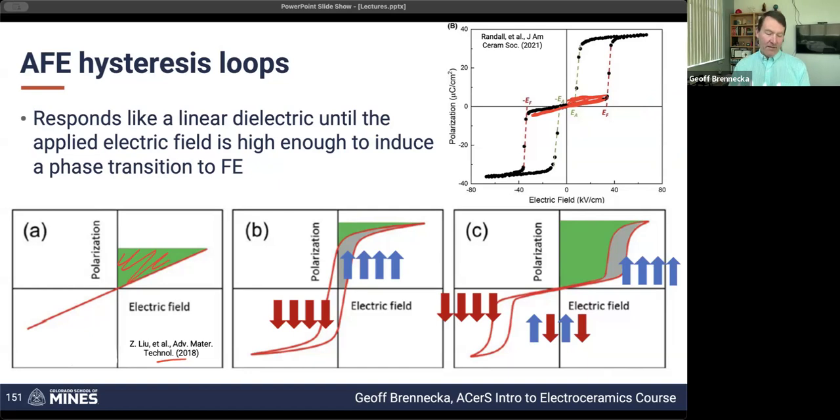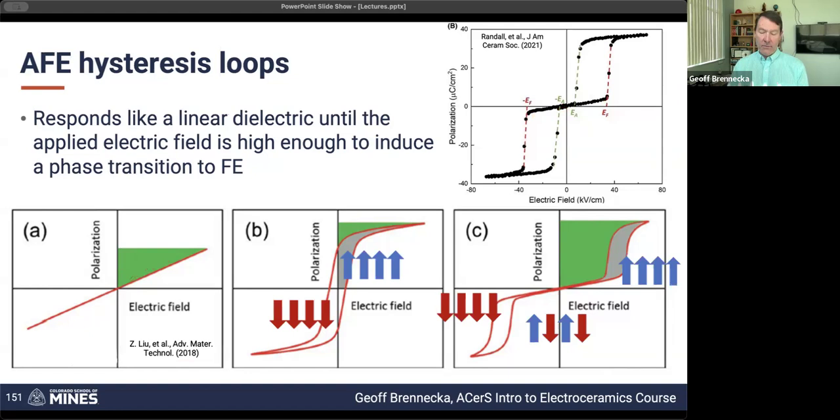Keep in mind that the slope of these lines, the polarization versus field, is the relative permittivity. And so that slope of the polarization versus field line tells you the relative permittivity, higher potential for energy storage. But it also goes as the electric field squared. So the higher the field you're able to get to, the more energy you can store.